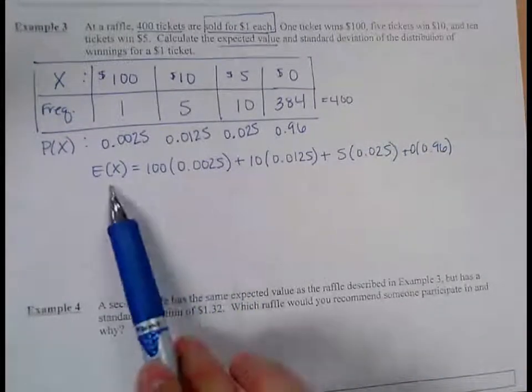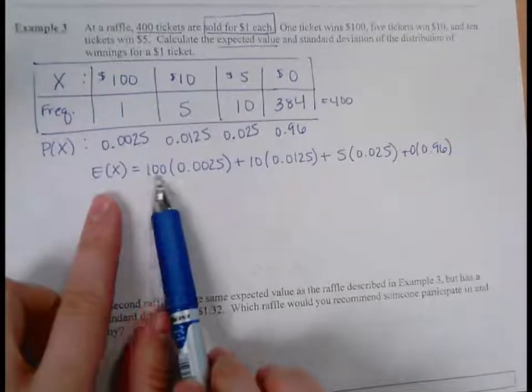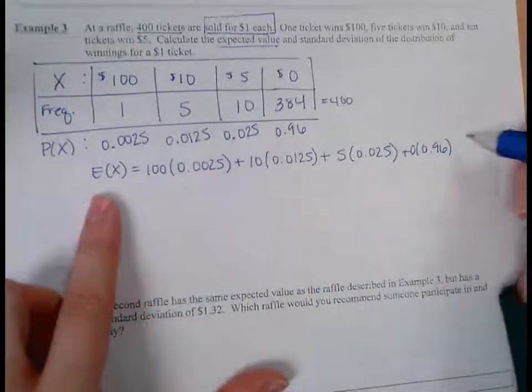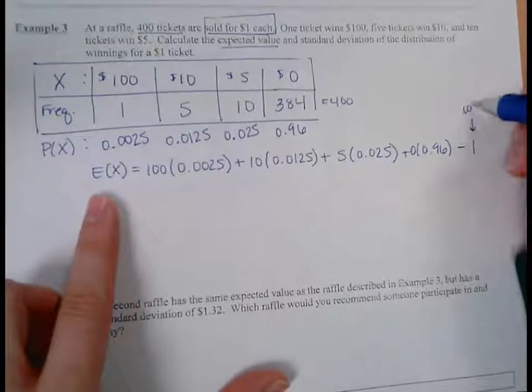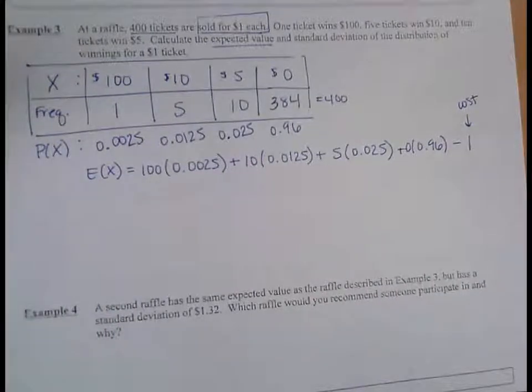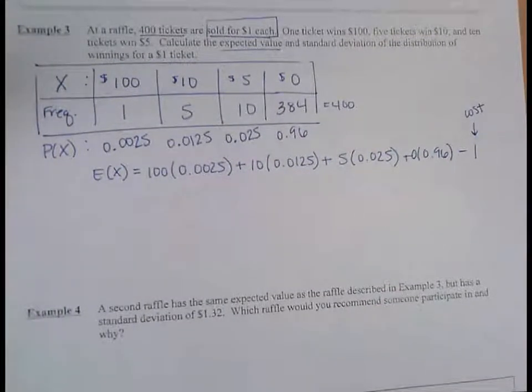So your expected winnings should not include the amount that you had to pay. So I would take this weighted average, but I would have to subtract 1 because the 1 is the cost of even entering into the raffle. So if you have a problem that involves some sort of cost like that, that does need to be subtracted from your possible winnings.